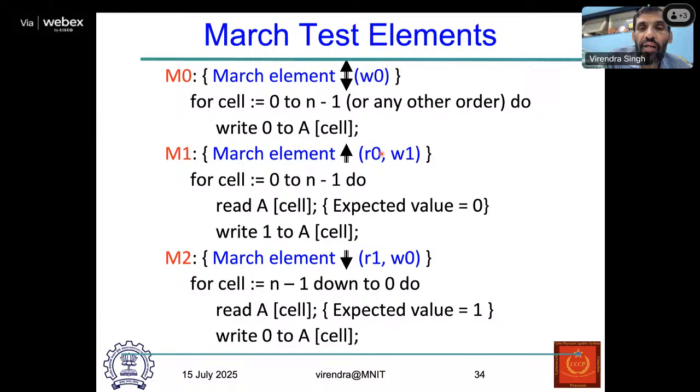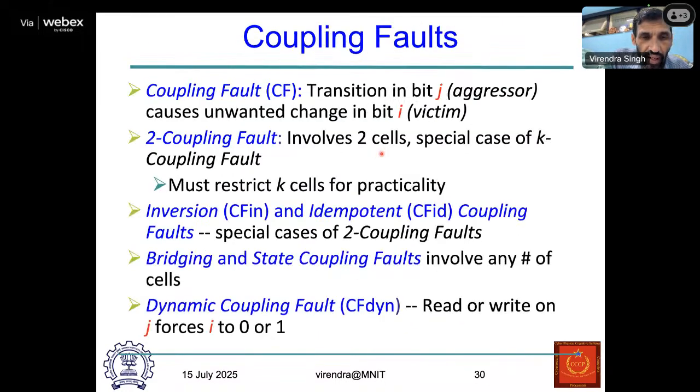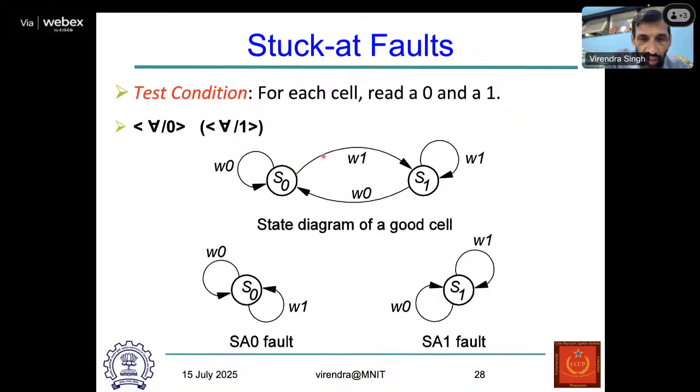Then I will change that state. After reading, I can change that state by writing 1. This machine won't change the state. This machine can change the state.